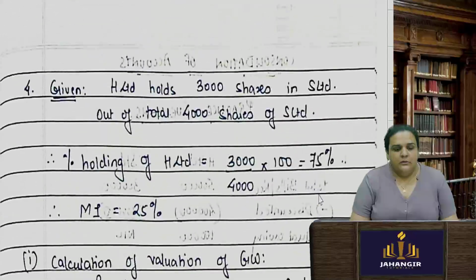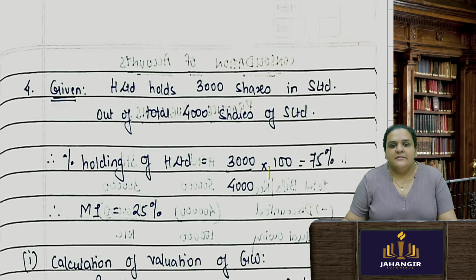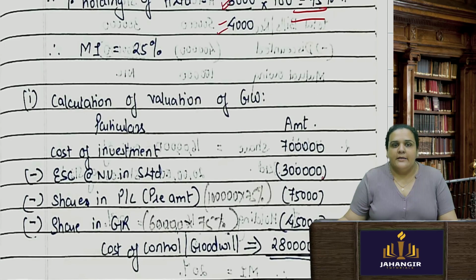So H Limited holds how many shares? 3,000 shares out of how many? 4 lakh shares divided by 100, 4,000 shares. So percentage holding is going to be 3,000 divided by 4,000. By now this is something which you are able to calculate easily. Minority interest will be 25%.